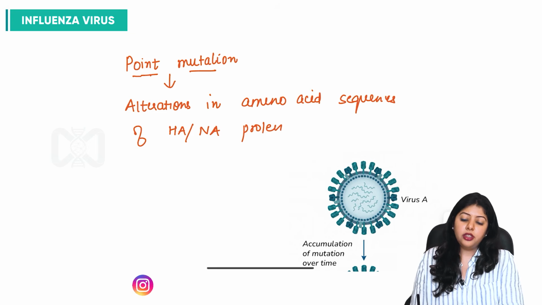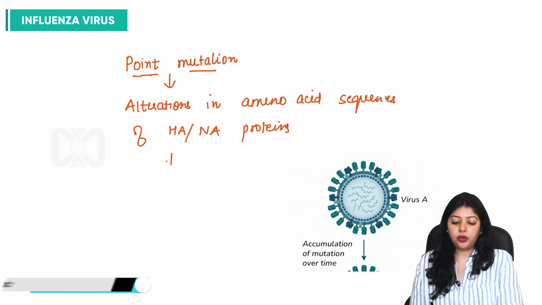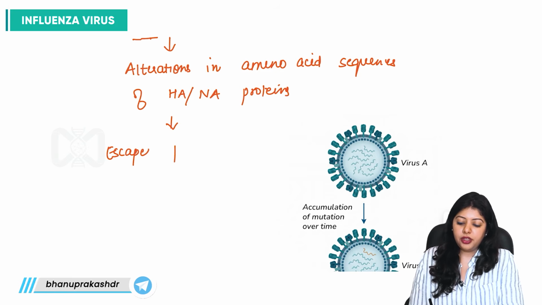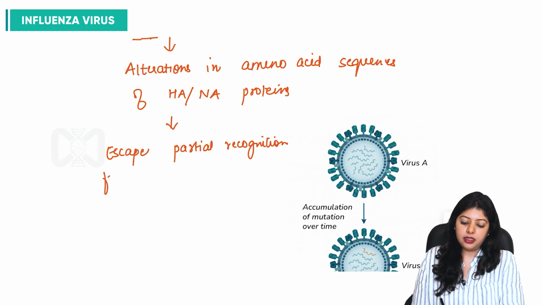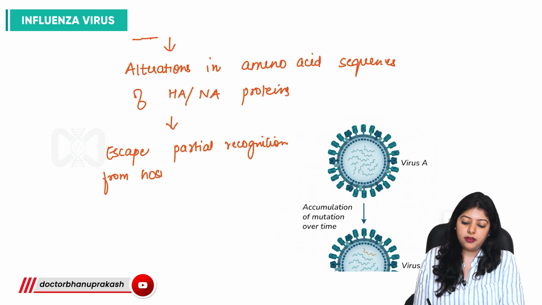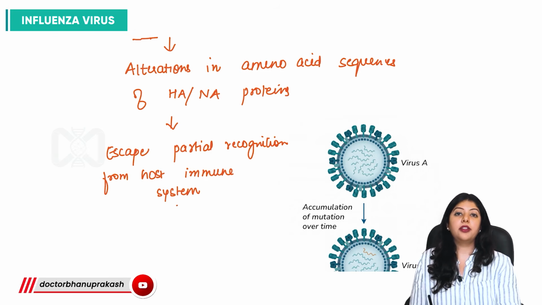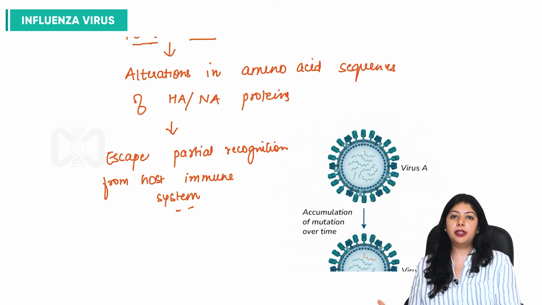So there are only certain alterations occurring, nothing major is happening. Because of these alterations, they escape partial recognition from the host cells or host immune system. Now they have escaped recognition, so they have the ability to multiply and will not be killed by the host cells.